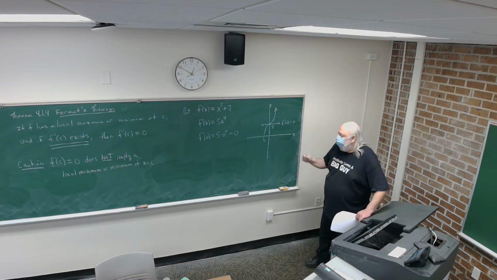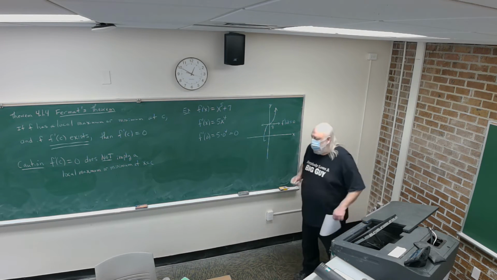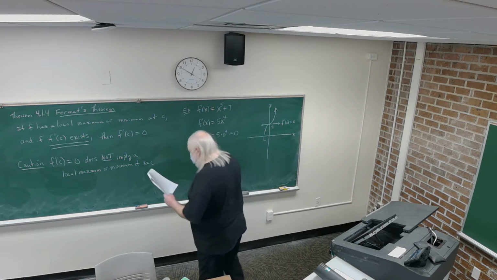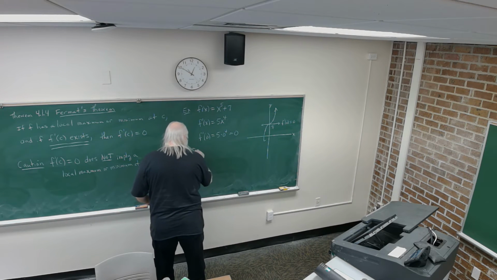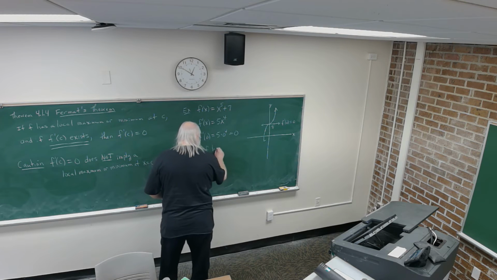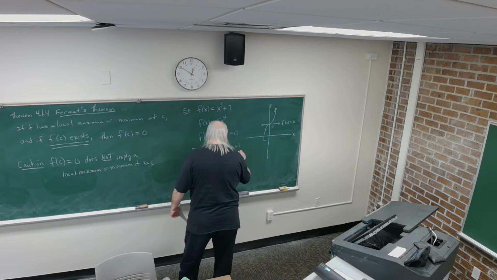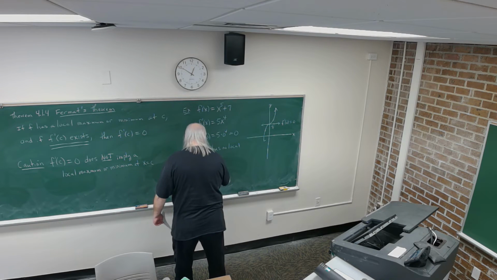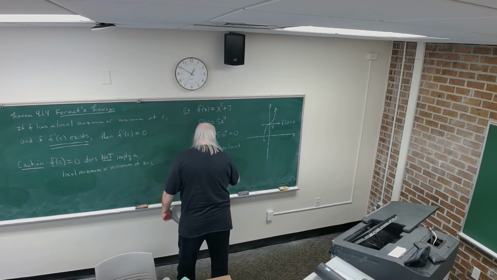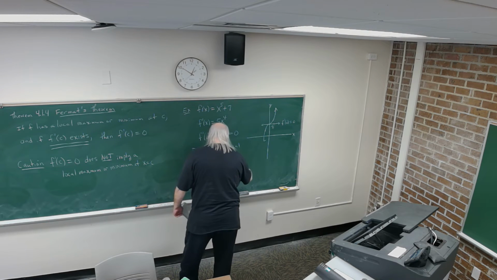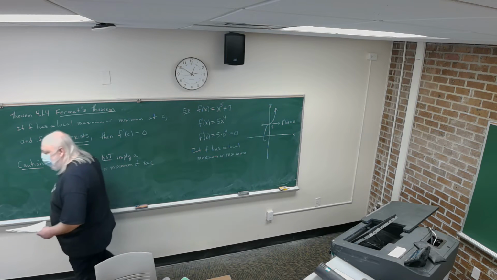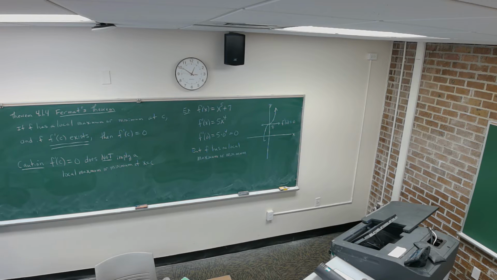So you can't conclude that because the derivative at x equals 0 is 0, we're going to have a local maximum or local minimum. f has no local maximum or minimum. It doesn't even have an absolute maximum or minimum in this case.